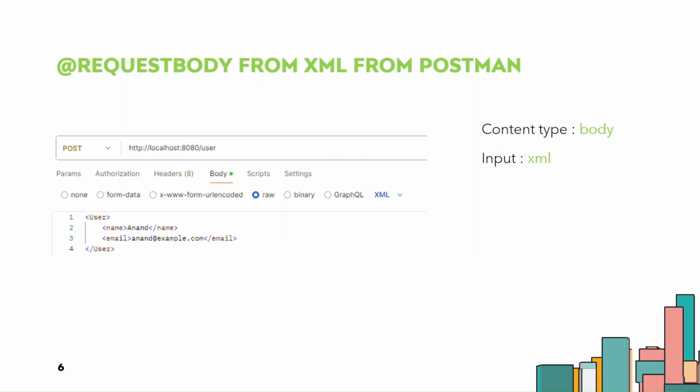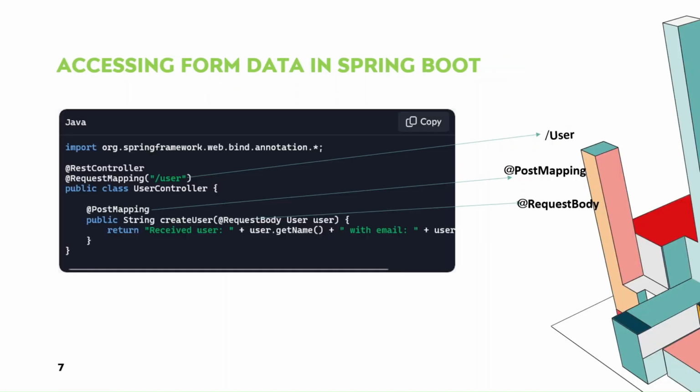Now, with the same RequestBody annotation, access XML data. In Postman I'm sending the same URL as post, localhost 8080 user, and here I changed the data type to XML and I'm sending XML data with user name and email.